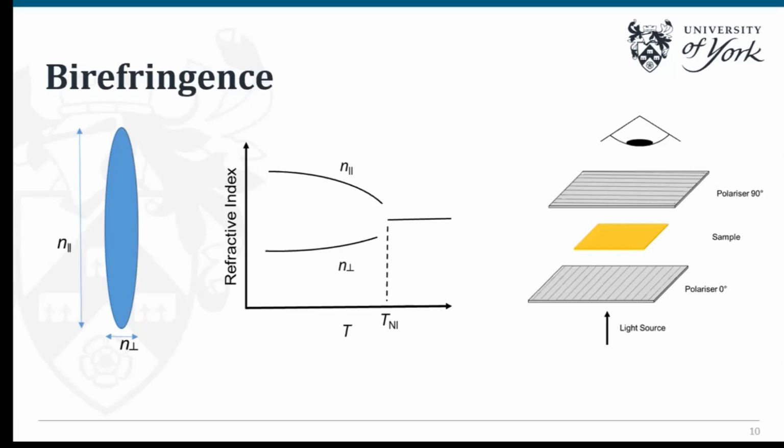In fact, you see more than color, you see an interference pattern and a particular texture which can enable you to identify what the phase is. And this is something I do with all my samples in order to identify if I've got a liquid crystal phase or not.